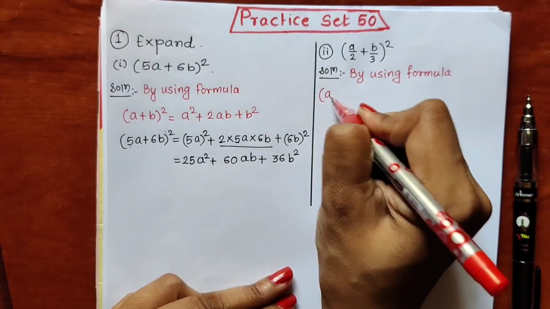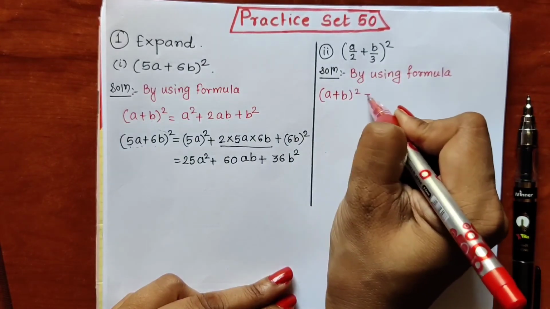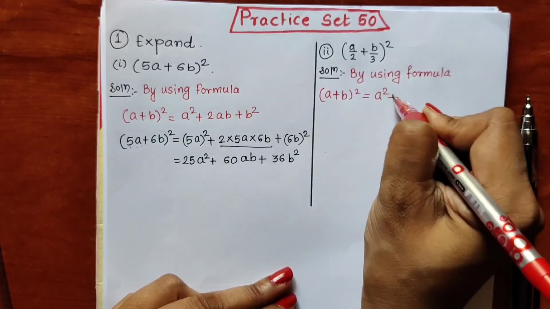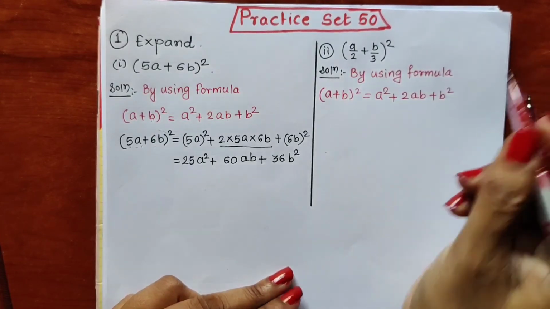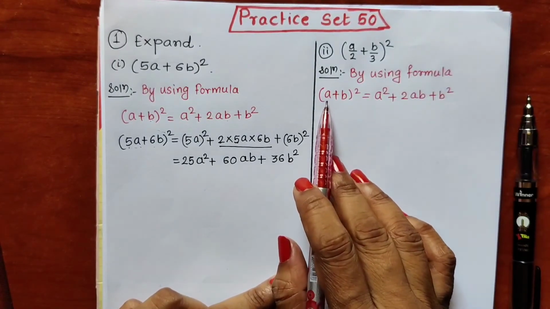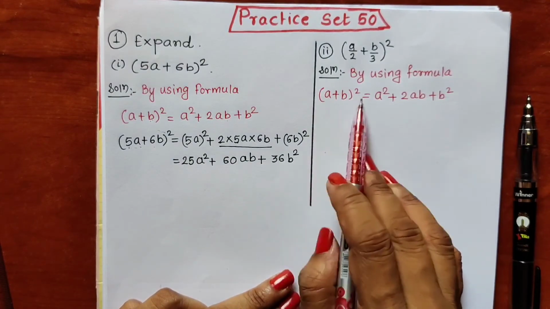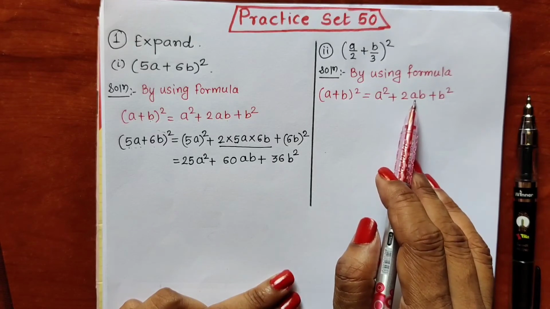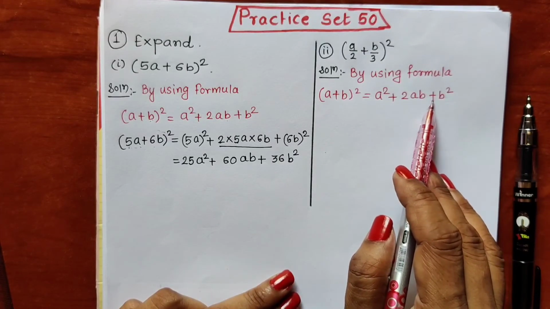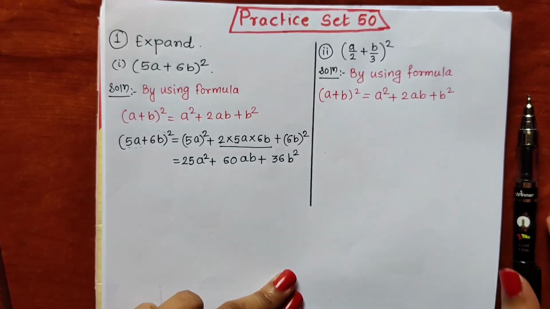Formula is (a plus b) whole square is equal to a square plus 2ab plus b square. Always remember it as first term plus second term whole square is equal to first term square plus 2 multiplied by first term multiplied by second term plus second term square.